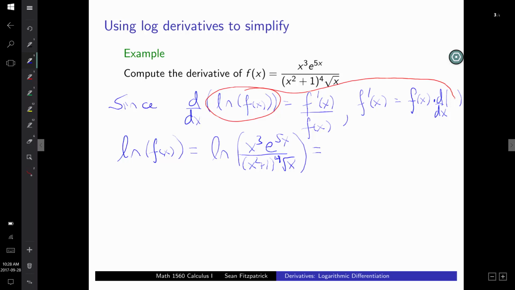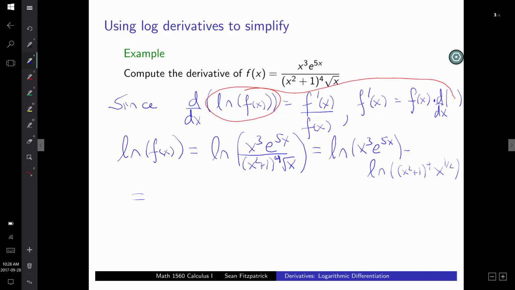And so the quotient property for logarithms says that's the same thing as the log of x cubed e to the 5x minus the log of the bottom. Let me put that just below so we have room. x squared plus 1 to the 4 times, now that root x, remember root x is x to the 1/2.